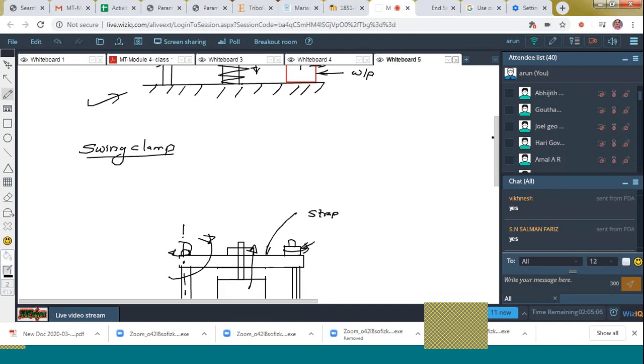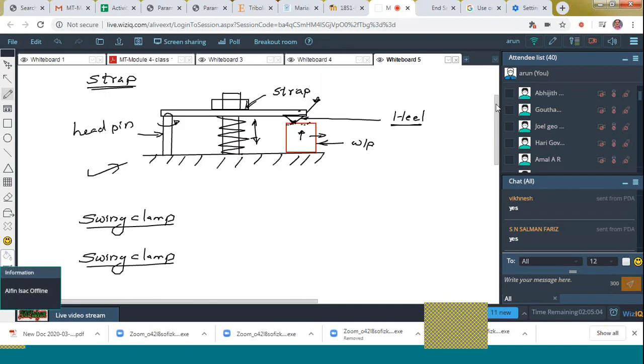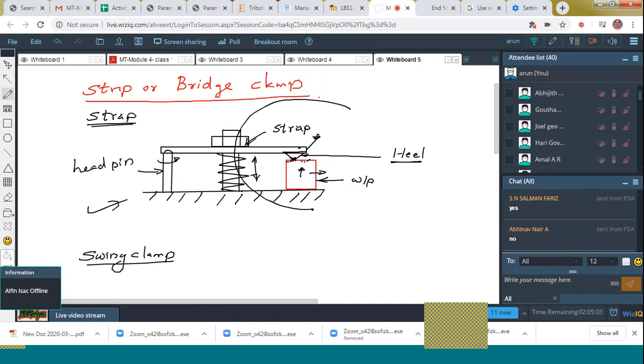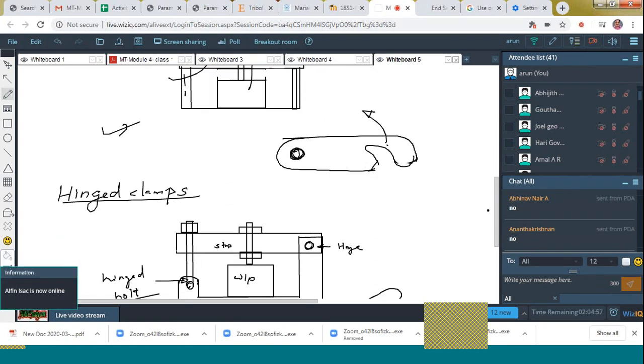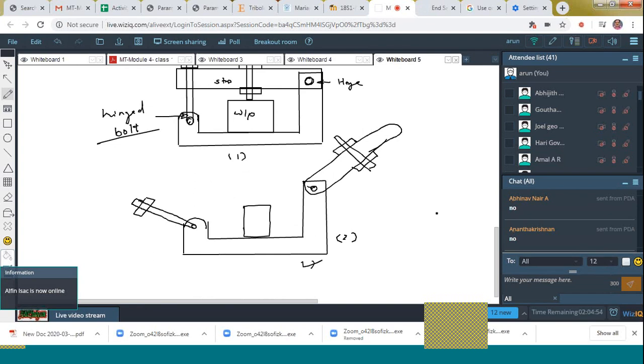No, we can't, isn't it? In the first case, here also, we can't measure the top surfaces. In the second case also, we can't. In the last case also, we can't. So to measure the top surfaces, we have to use the clamp called as side clamp.